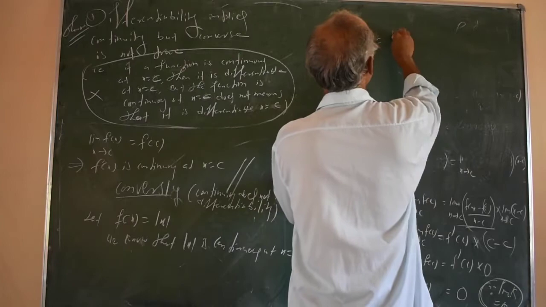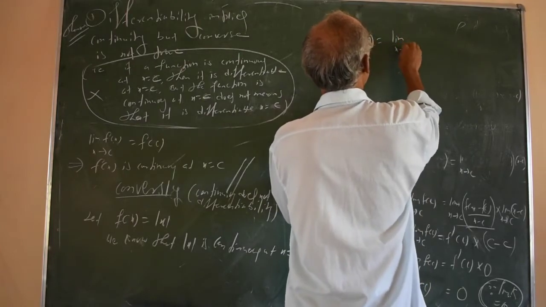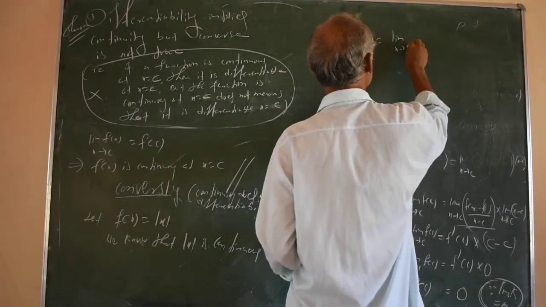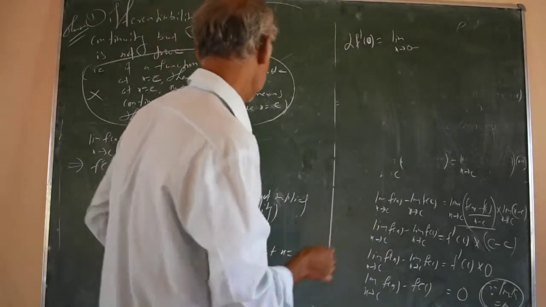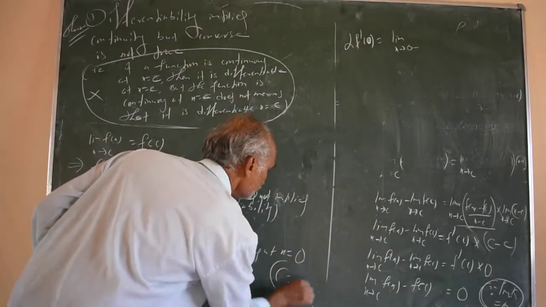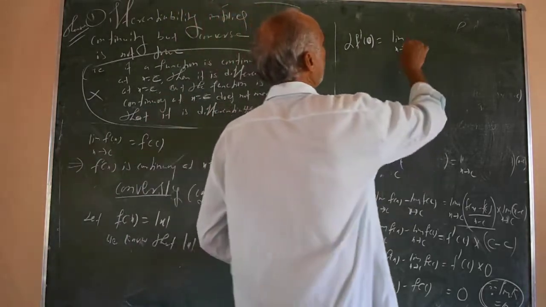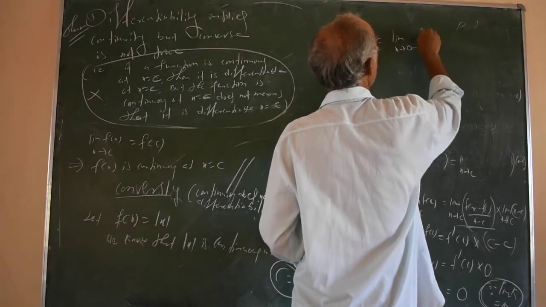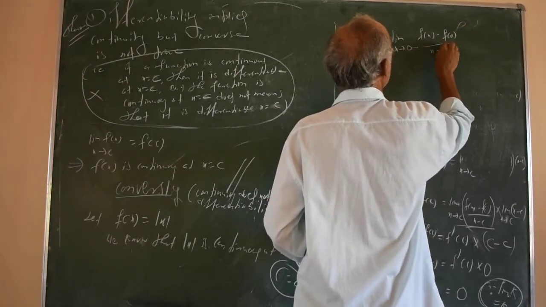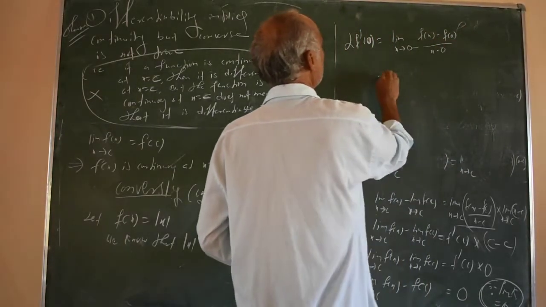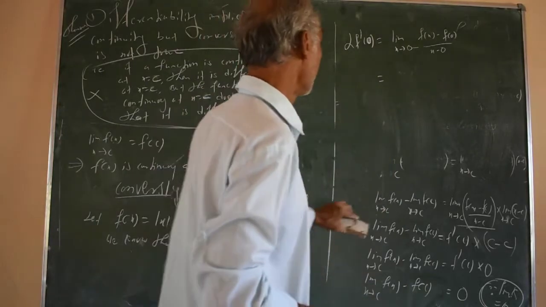It is limit x tends to 0 minus of f of x minus f of 0 upon x minus 0. This is the left hand derivative formula. What is f of x?